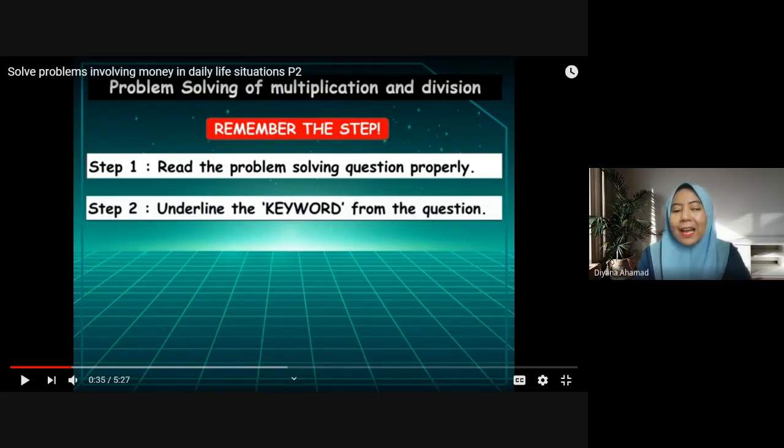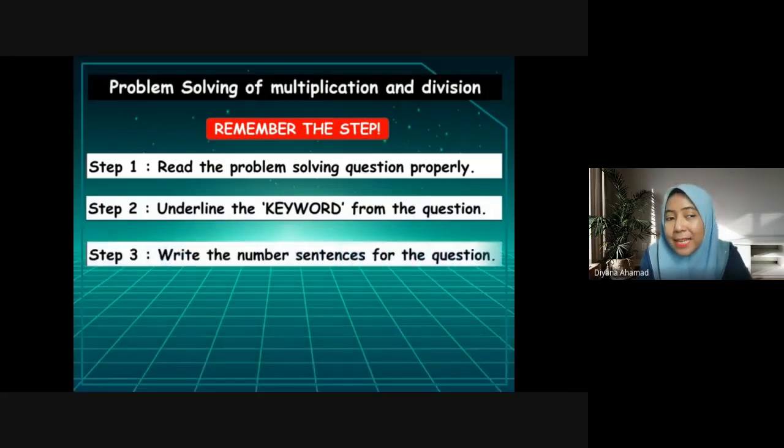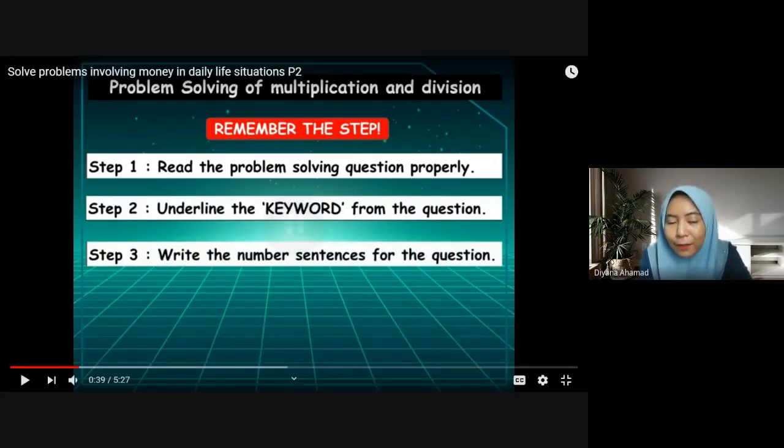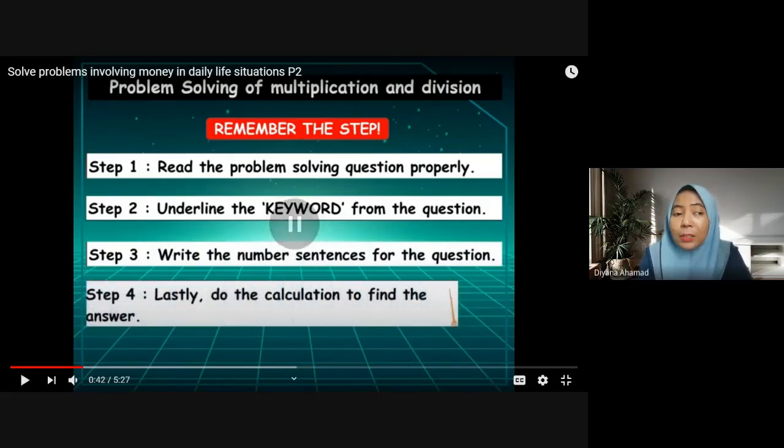Now, step number 3. Please come up with the number sentence for the question. Later teacher shows you an example of the number sentence. And then the last one, step number 4, P2, do the calculation to find the answer.